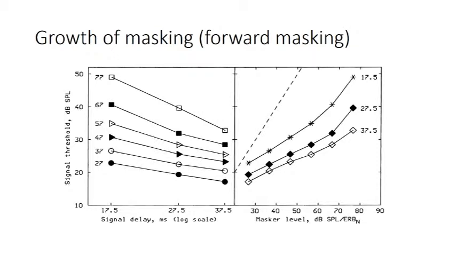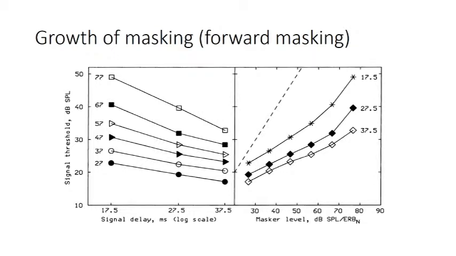The left panel is about that. Also, for these different lines, 27, 37, 47, and so on, these represent results with different masker levels: 27 dB SPL, 37 dB SPL, and so on. These numbers mean the level of the masker. So we see how the masking grows.